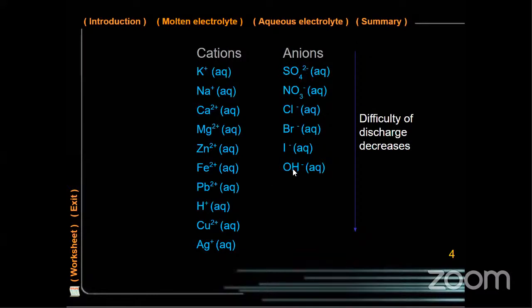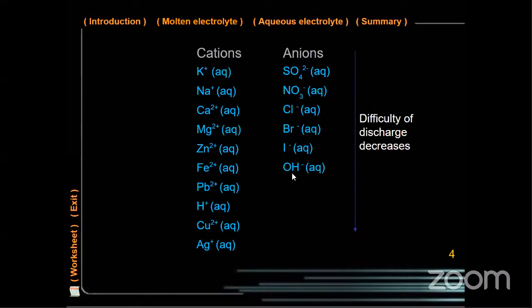Make special note of this. Hydroxide is at the bottom, easiest to discharge. All aqueous solutions contain hydroxide ions. So if you're depending only on the electrochemical series, hydroxide gets discharged at the anode every time. Of course, there are two other factors, and we'll talk about them.